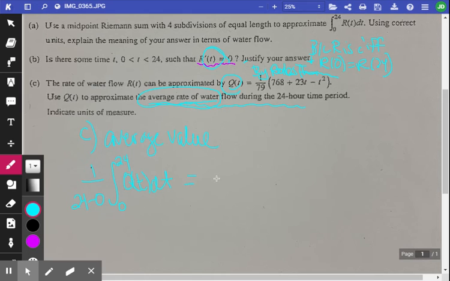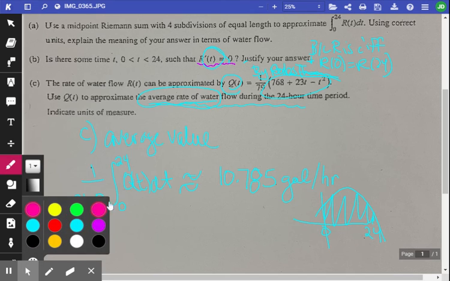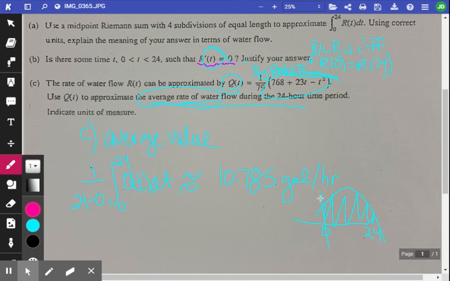I have a calculator for this, so I get approximately 10.785 gallons per hour is the average value. So that means if I were to graph this from 0 to 24, it's a parabola upside down, the area underneath of it from 0 to 24 will be the same as the area under the rectangle that has a height of 10.785 from 0 to 24.